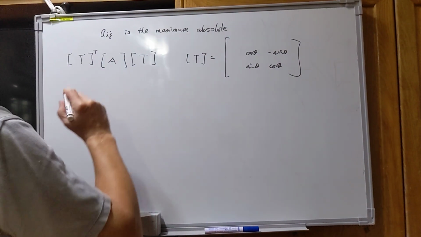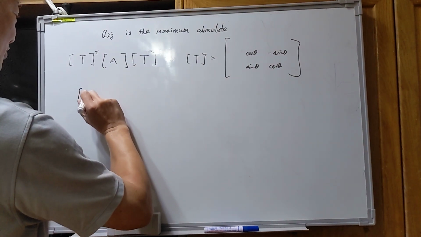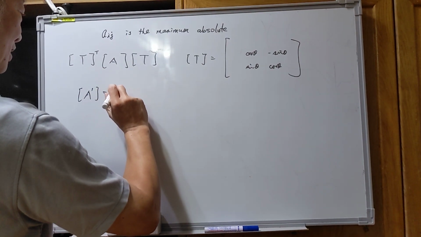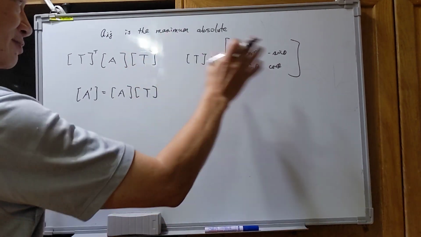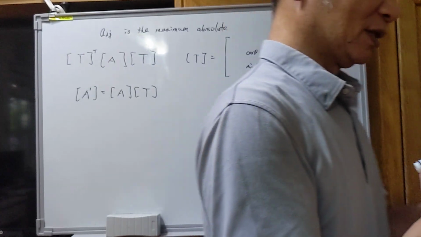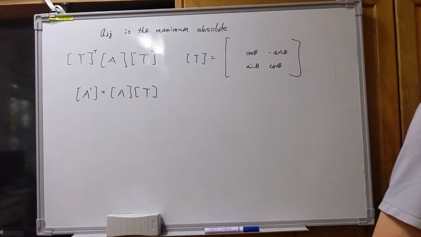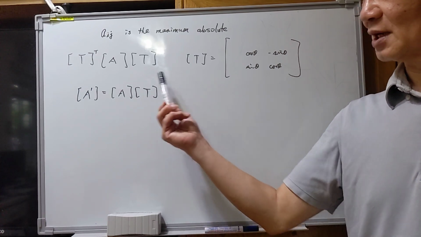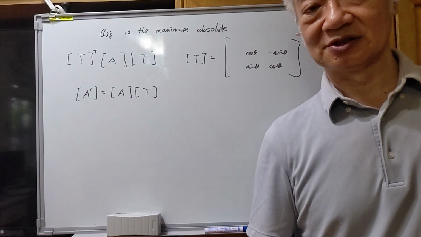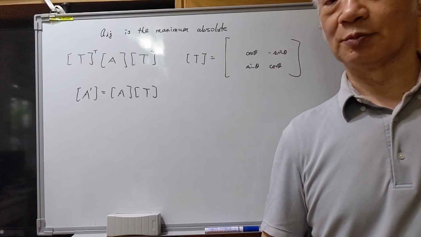So let's calculate the A prime first. A prime is defined by the A times the T matrix. So let's finish the A multiplied by the T matrix. The post-multiplied matrix is sometimes called the column operations.